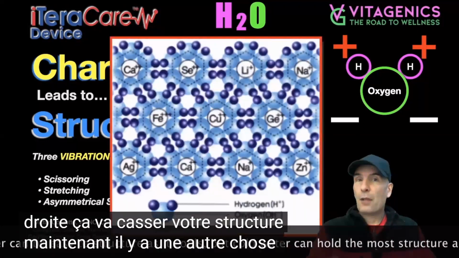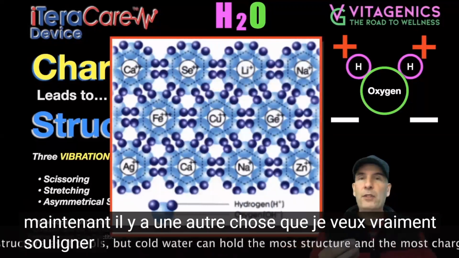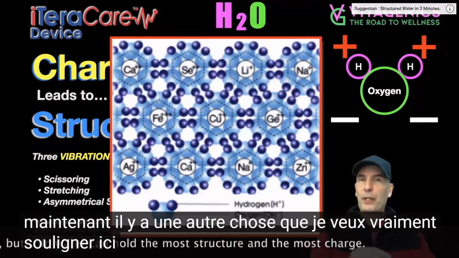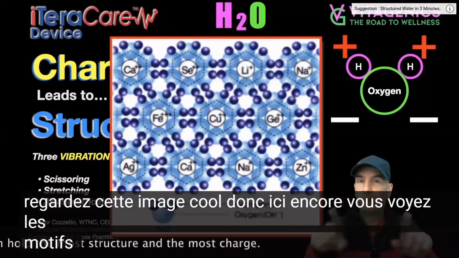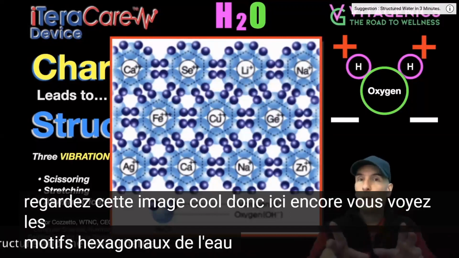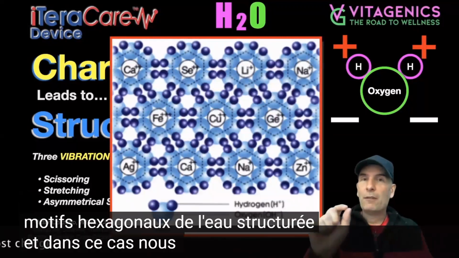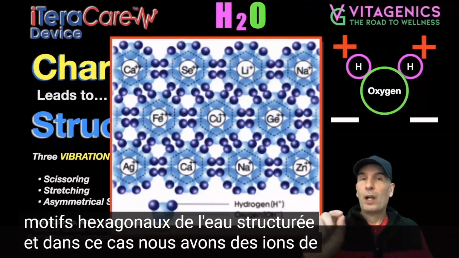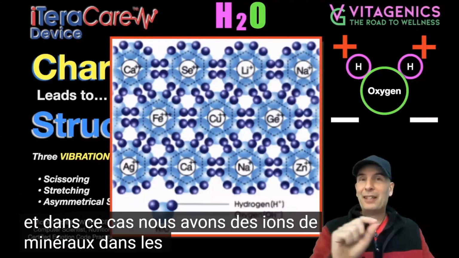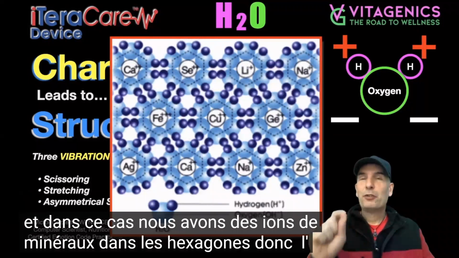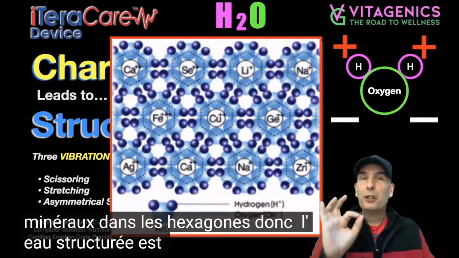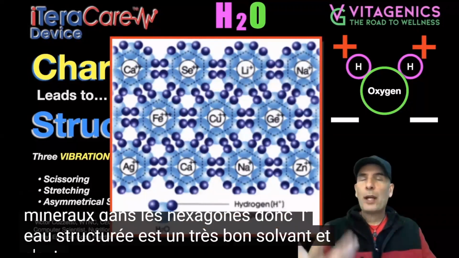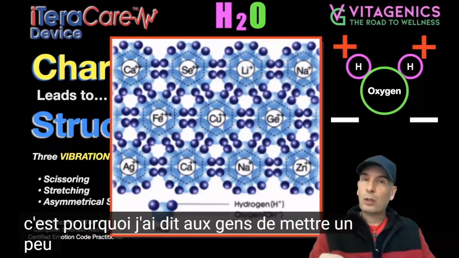Now, there's another thing I really want to emphasize here. Check out this cool picture. So here again, you see the hexagonal patterns of structured water. And in this case, we have ions of minerals in the hexagons. So structured water is a really good solvent. And this is why I mention to people, put a little salt in your water.